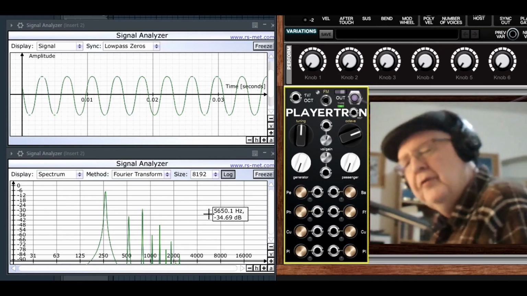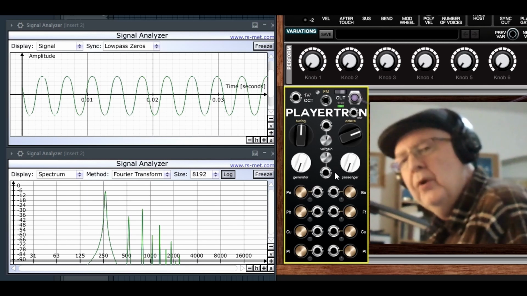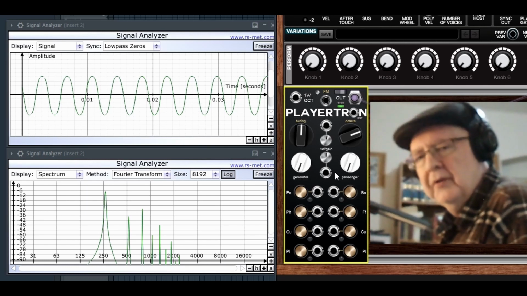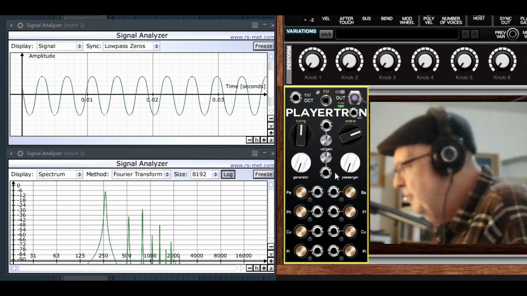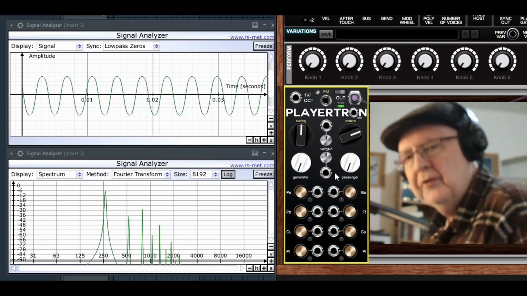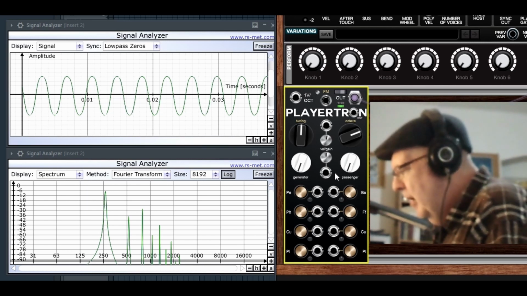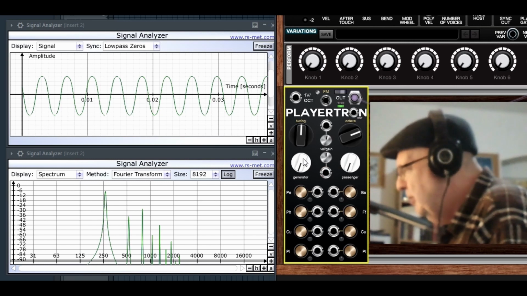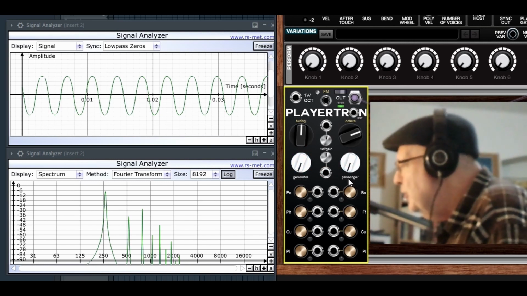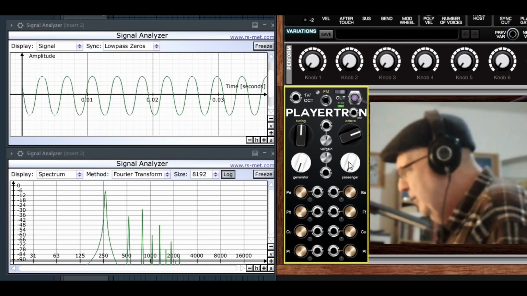So, which of the functions here on the front panel work differently when I switch the circuit order? Work differently in switched circuit order. To find out, I switch both generator and passenger to sinusoid waveforms.